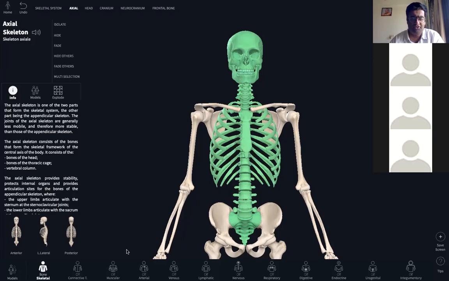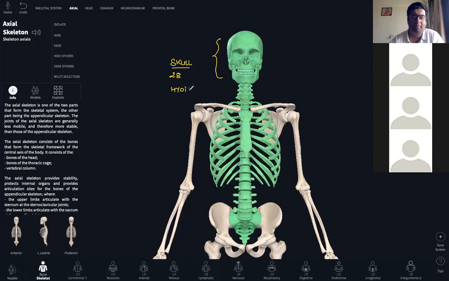So I will just superficially label the different regions of the axial skeleton here for y'all. And then we move ahead with the explanation. So you have the entire skull consisting of 28 bones. Okay, then there will be a single hyoid. It is not seen here on this screen right now.